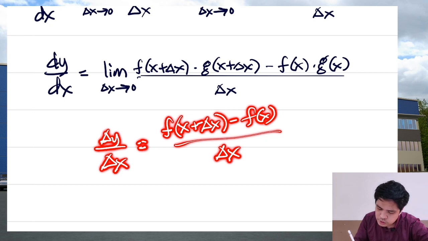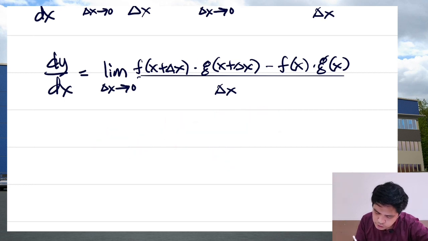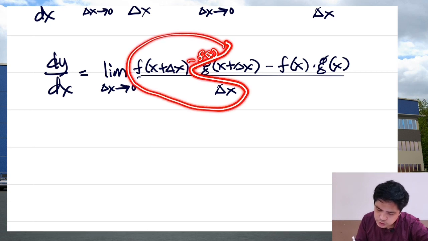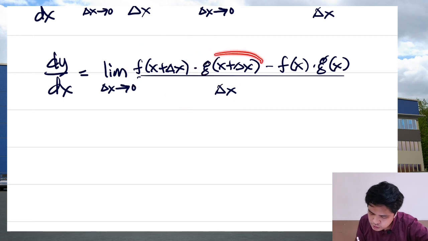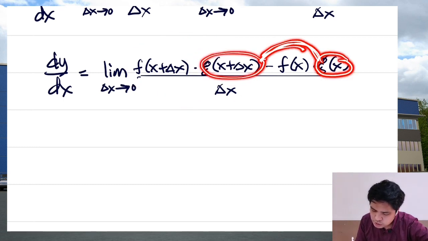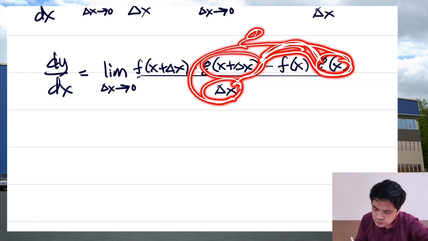Therefore, if we subtract this with f of x alone over delta x, that would be the derivative of f of x. And this term, if we subtract it with g of x, these are partners, and subtracting over here will comprise the derivative of g of x.